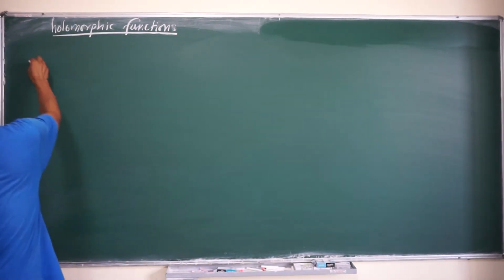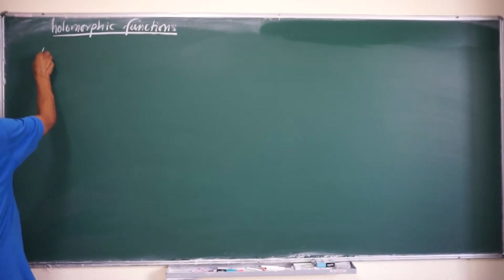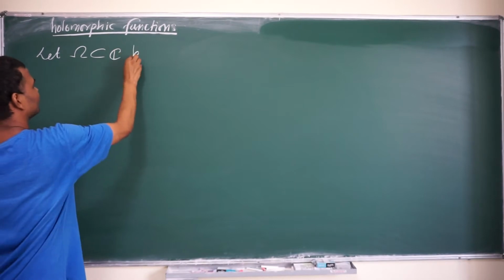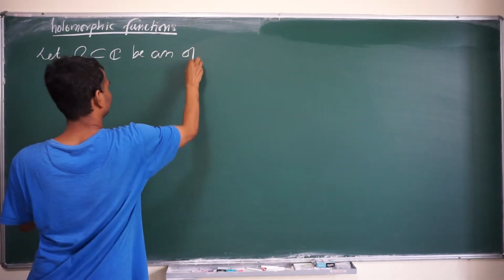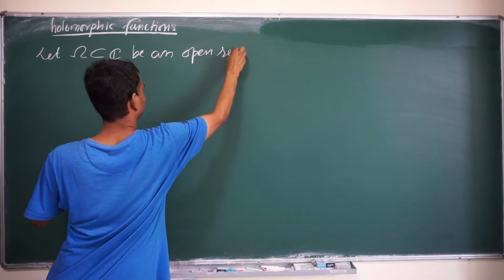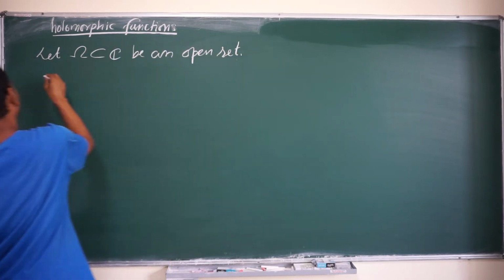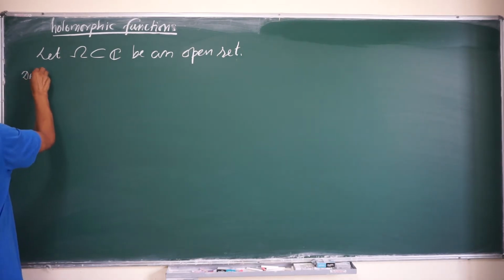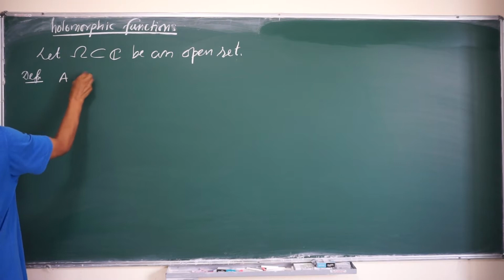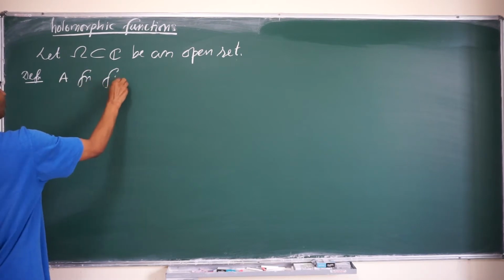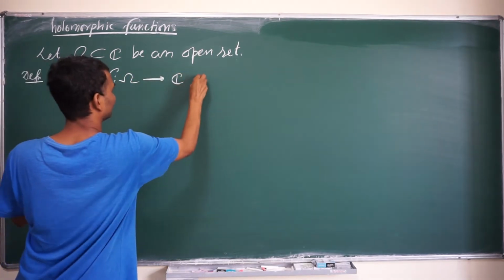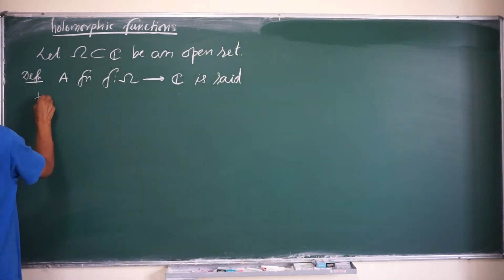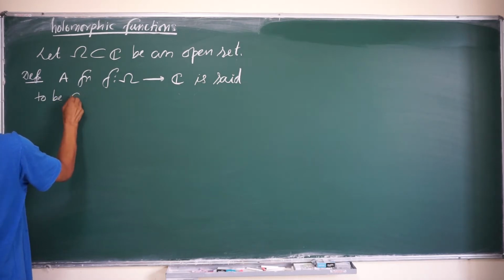So definition. Let omega in C be an open set. A function f from omega to C is said to be complex differentiable.